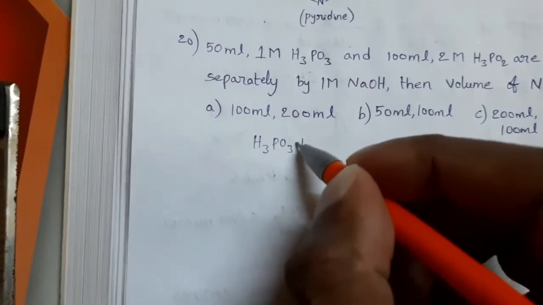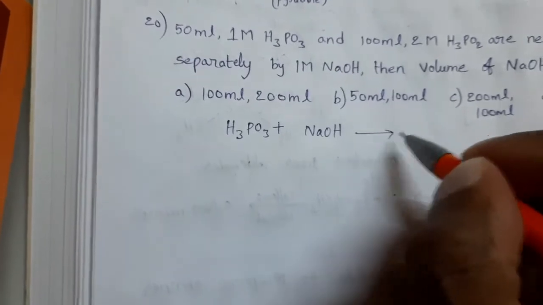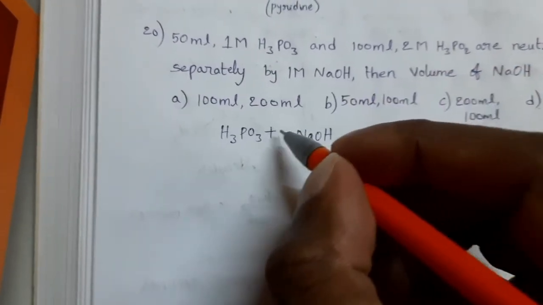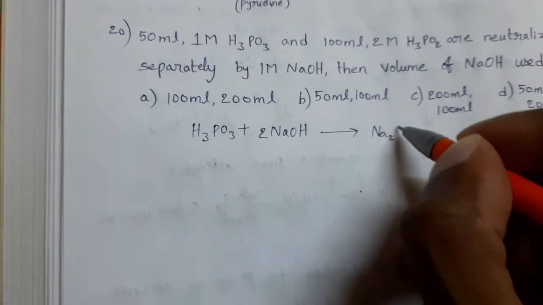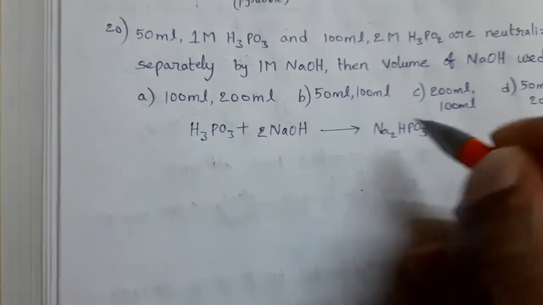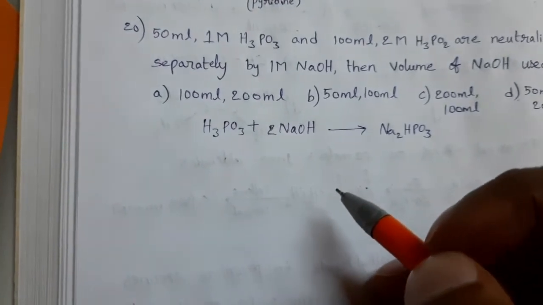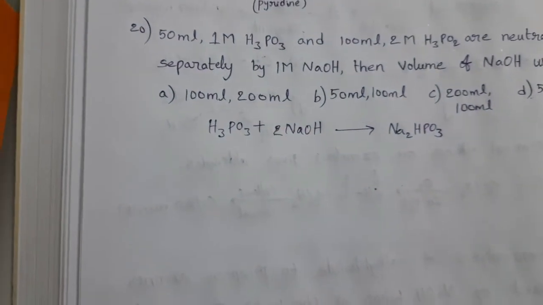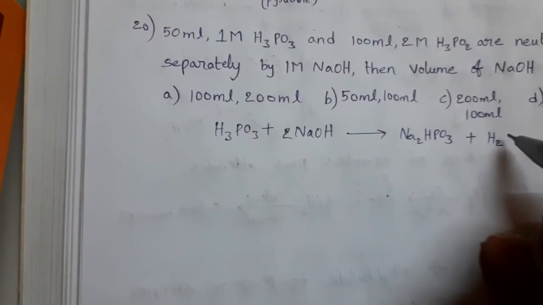H3PO3 plus 2 NaOH gives Na2HPO3, only 2 hydrogens are replaced. Then the remaining is H2O.